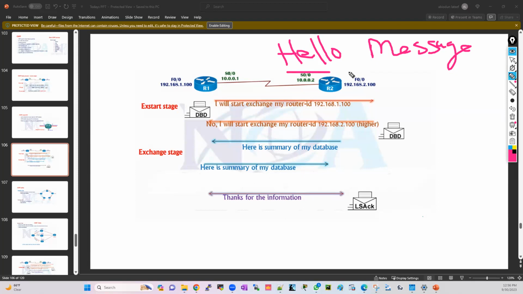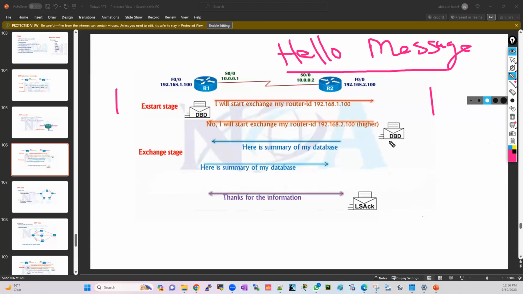A hello message will be sent in the beginning, and if the other side replies, they will not yet start building their routing table. All this is just formality, but we just need to know that in the beginning, a hello message is sent between the two routers, and then they form neighborship.